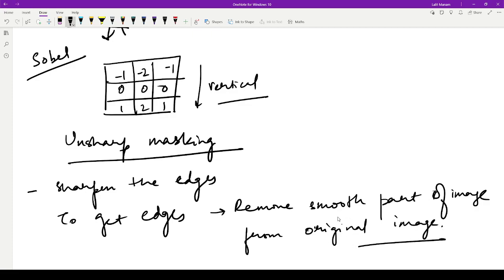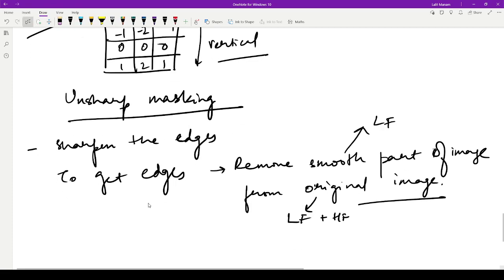Whatever you are left with is the high frequency component. The original will have both low frequency and high frequency components, but this is the low frequency component. So removing this low frequency component will give you the high frequency component, which mostly relates to edges. I mean, there are other parts as well, but edges are the most dominant high frequency parts.